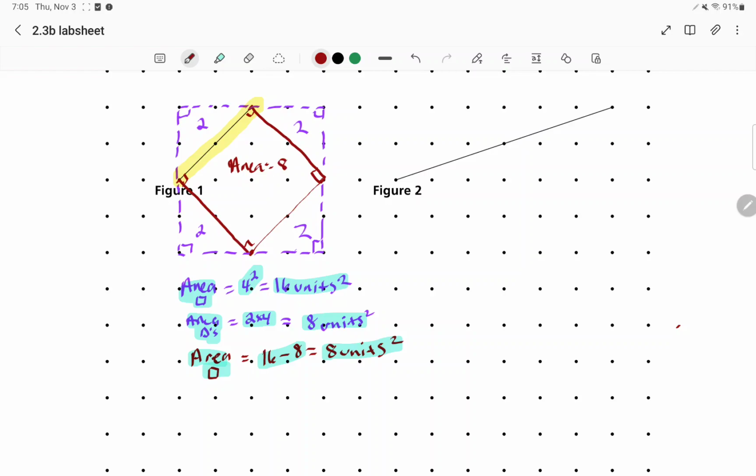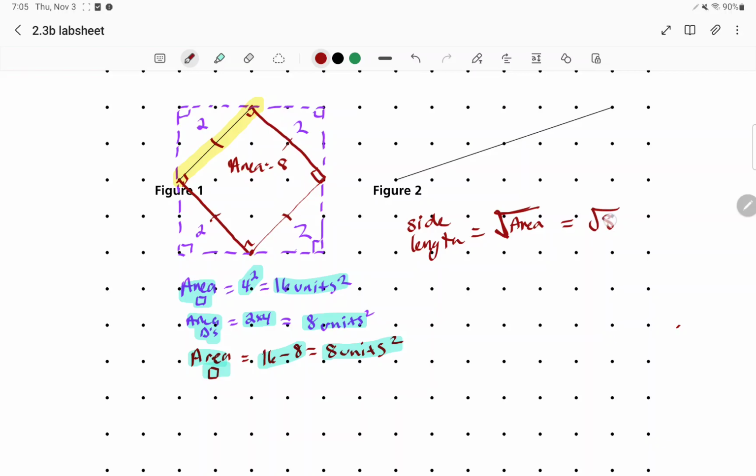Then the last step is to figure out what that side length is. Since this is a square, all of those side lengths are the same, so if we found one, we found them all. The side length is easy to find because it's just the square root of the area.